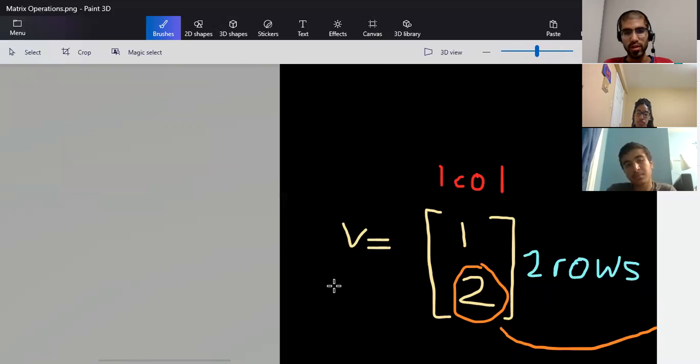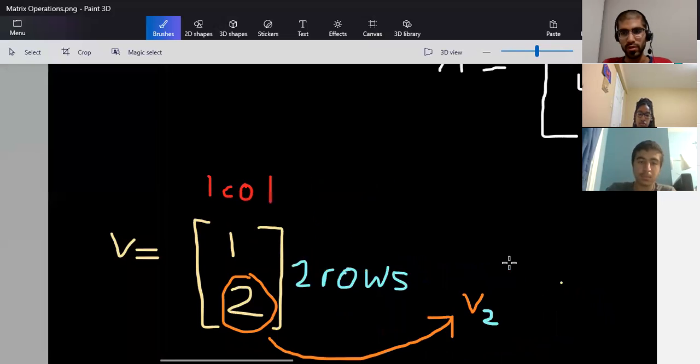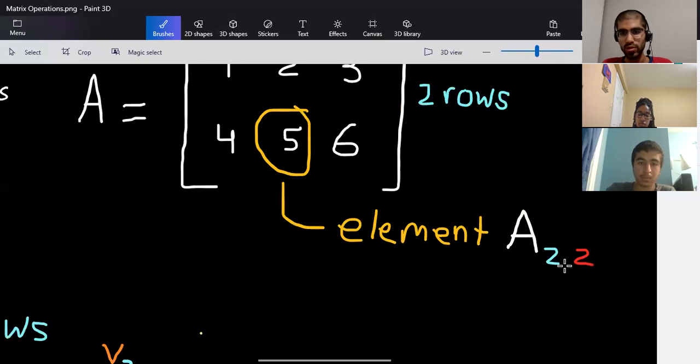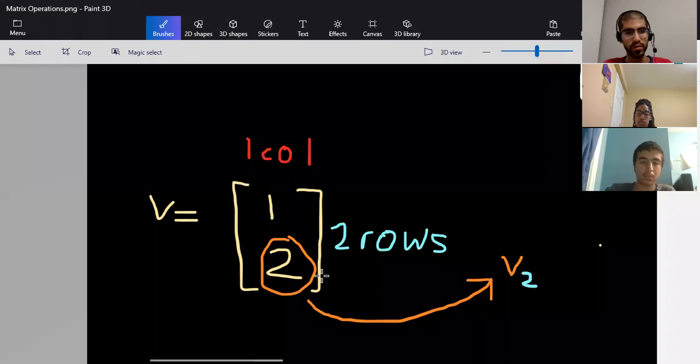And when we denote an element in a vector, we don't need to denote the column number and the row number, because one of those is always going to be one. So here we said A with subscripts 2, 2, because second row and second column. And over here we're just saying V2, because you don't need to worry about one of the dimensions, it's just one column.